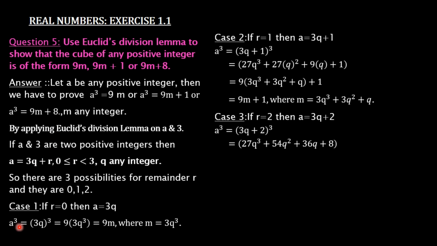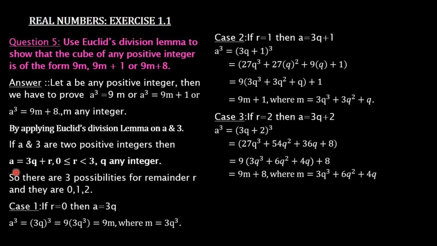Then for getting 9m plus 8, what we are going to do is take 9 outside from these three terms, then we will get 9 into (3q cube plus 6q square plus 4q), plus 8. By taking these three terms as our m, we will get 9m plus 8, where m equals 3q cube plus 6q square plus 4q.